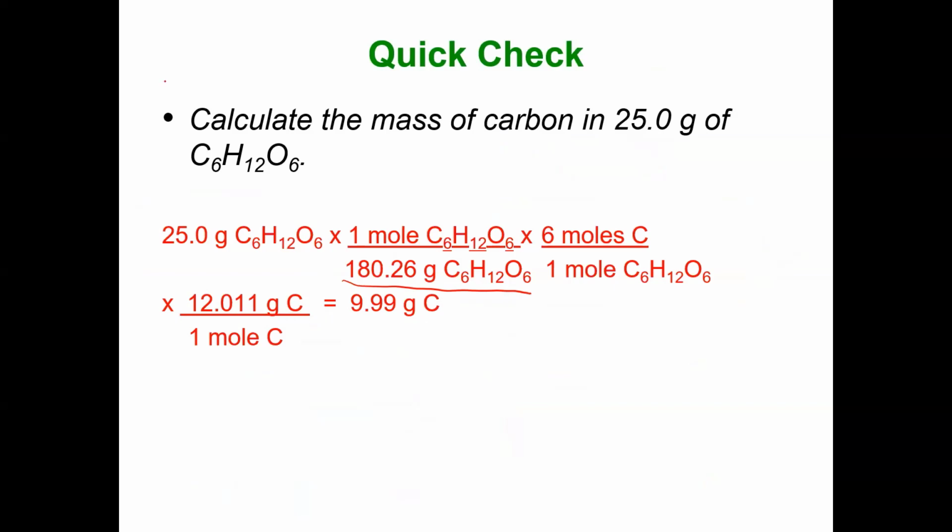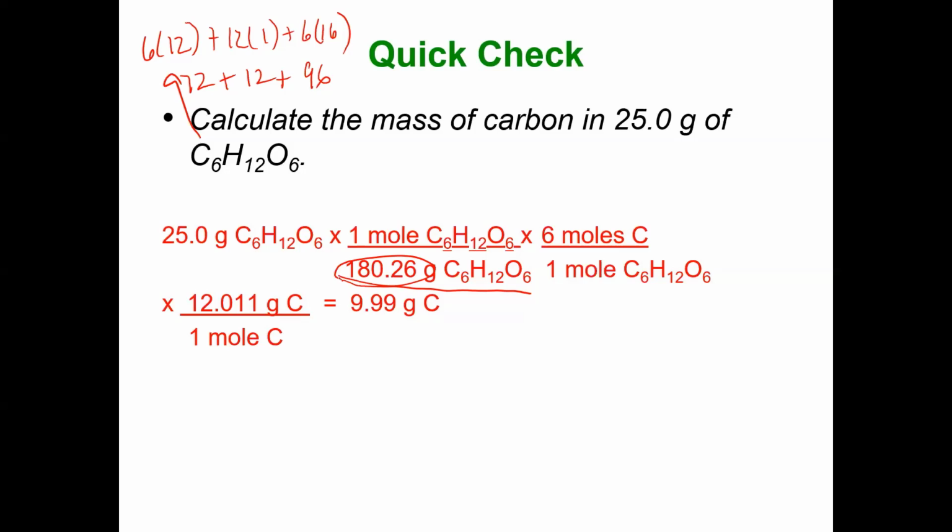Well, they basically said, all right, 6 times 12, because of the carbon, plus 12 times 1, because of the hydrogen, plus 6 times 16, and that's what, 72, plus 12, plus, what is that? 96, right? So 72 plus 12 plus 96 would give me this 180, okay?